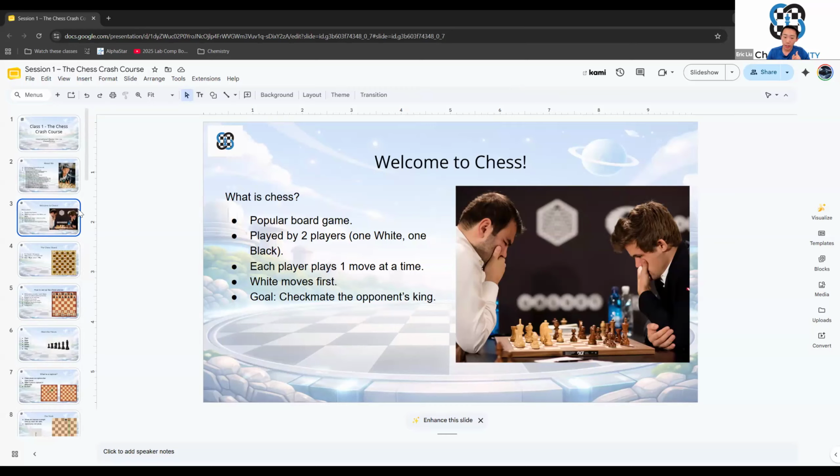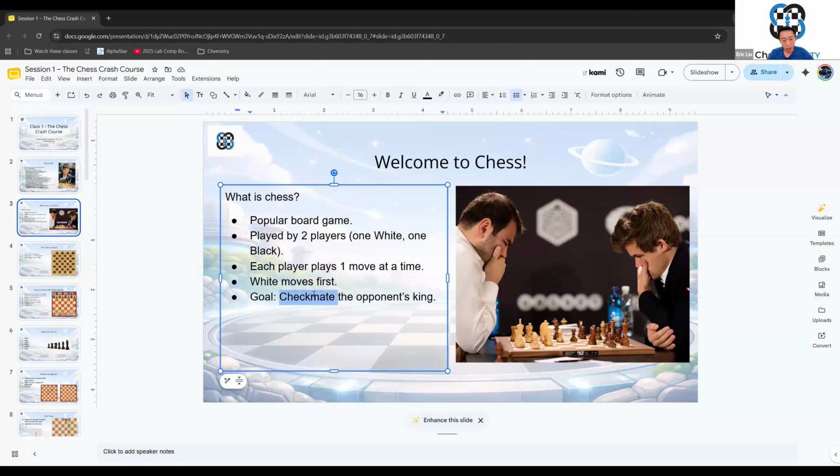The objective of the game is to checkmate your opponent's king. So you guys will learn later on today what checkmate means. But for now, just know that that's the objective. We want to checkmate the opponent's king.